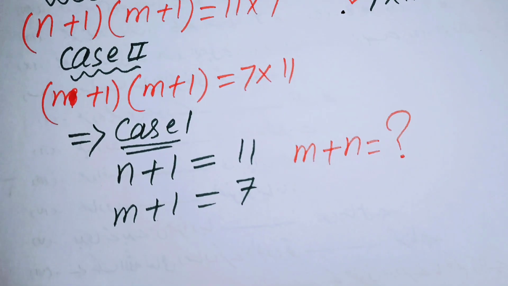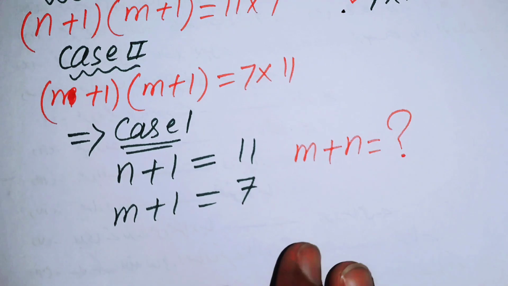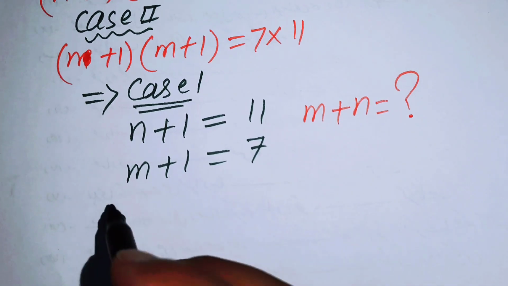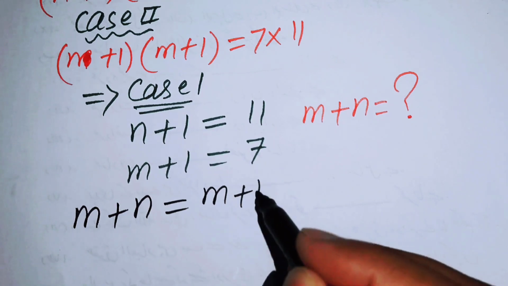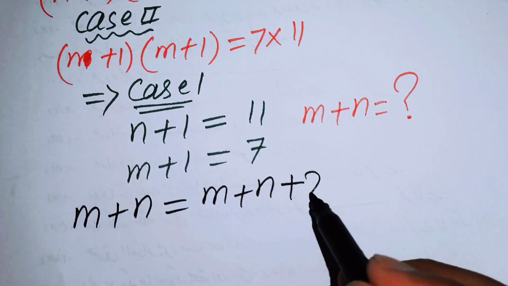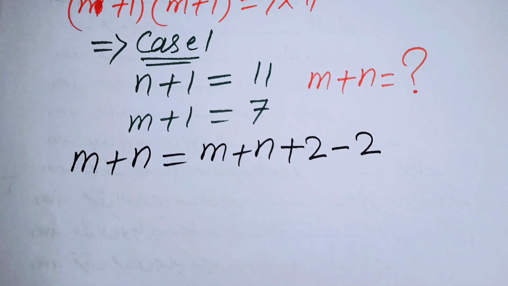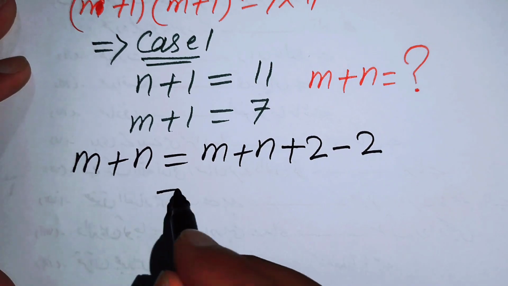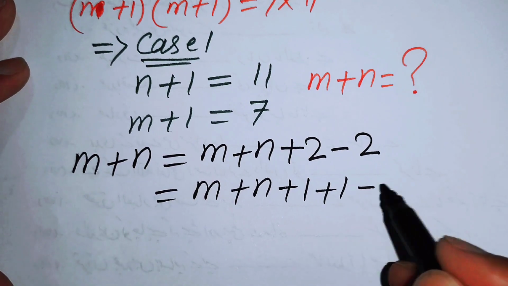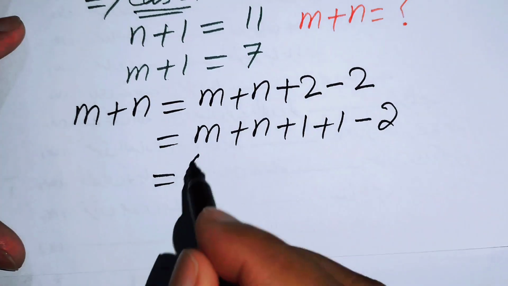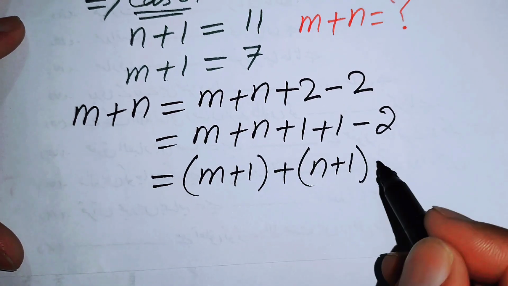So here we need to find the value of m plus n, so in the next step I can write m plus n as m plus n. I can add 2 and subtract 2 here, and rearrange the terms, and we write this expression as m plus 1 plus n plus 1 minus 2.